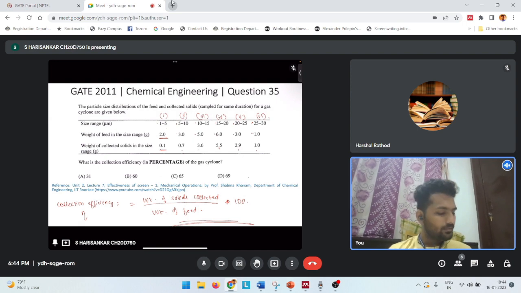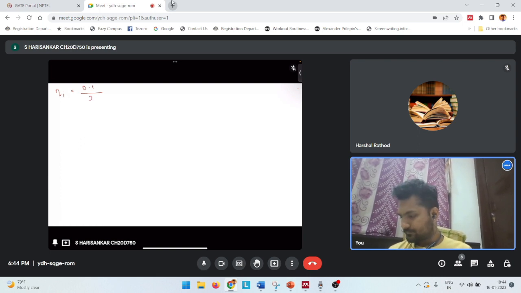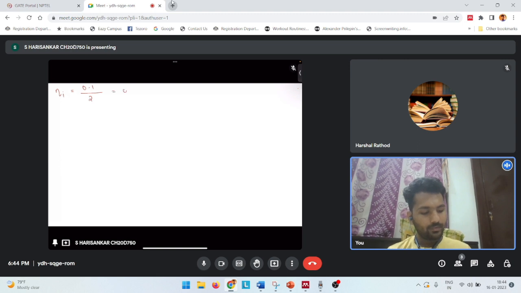So eta 1 is 0.1 by 2, and this will be equal to 0.05.